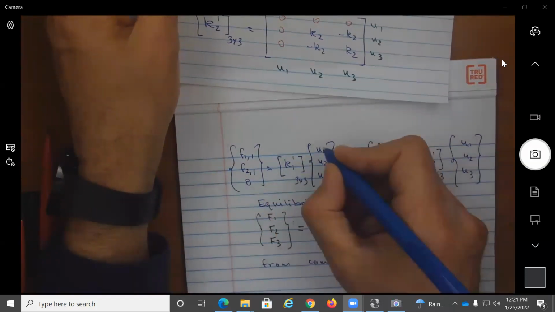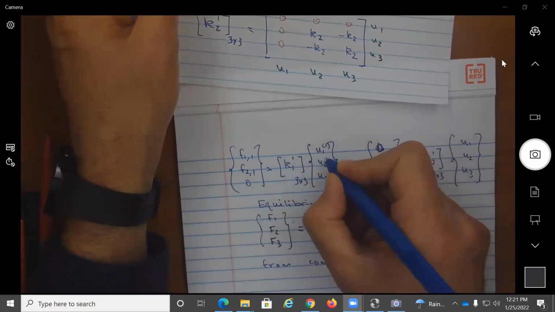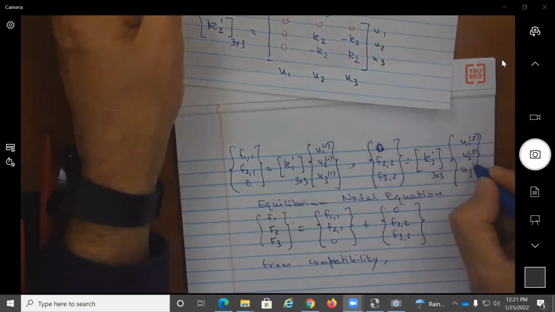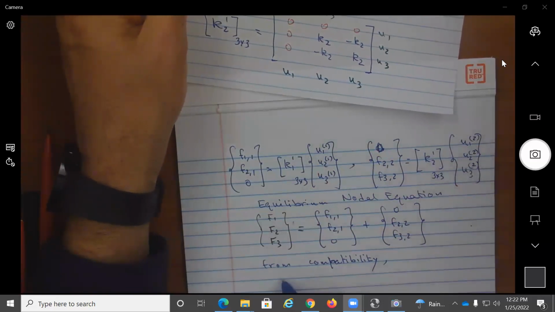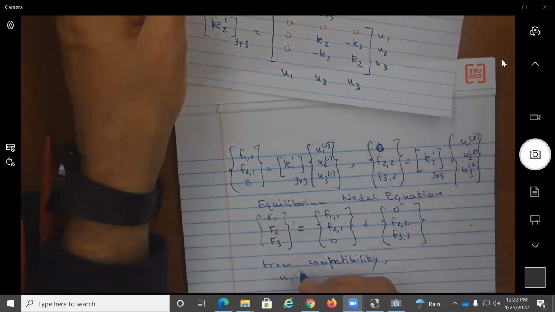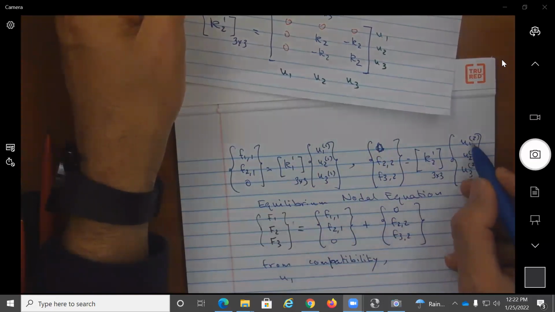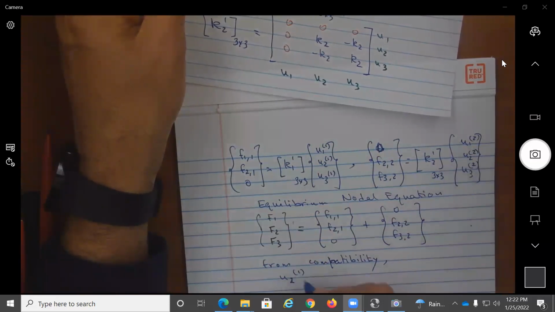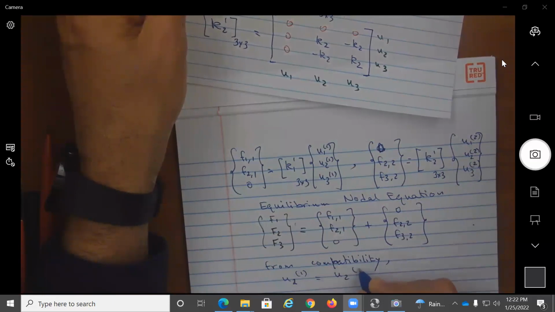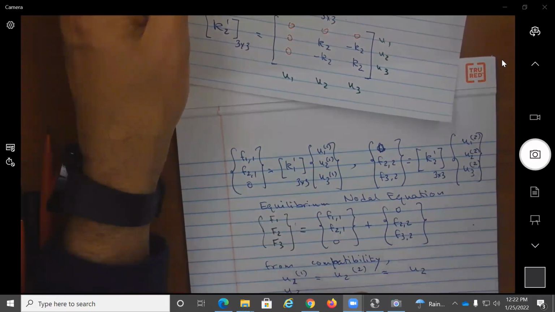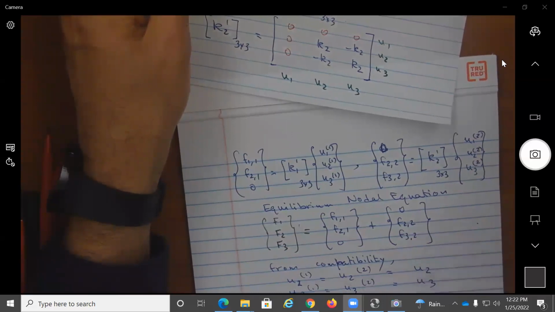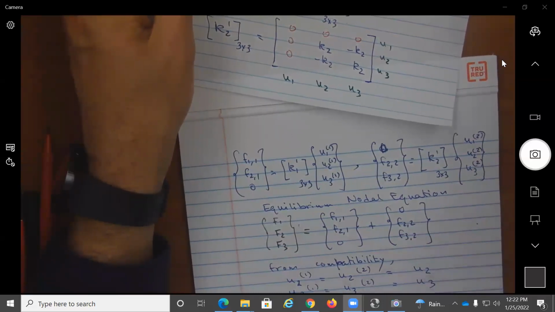So if I come here and say this is U1 of element 1, and this is U2 of element 2, I can, from compatibility, say that this U1, and of course, there is really no U1 associated with element 2, but specifically here U2, I can say that U2 of element 1 is the same as U2 of element 2, and we're just going to call it U2. And I can apply that to any of the others, like U3 of element 1 equal to U3 of element 2 equal to simply U3, and so on.